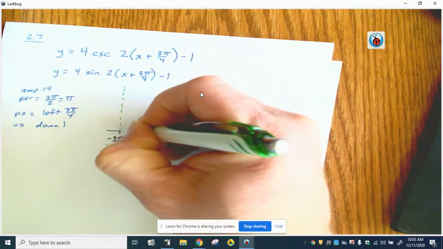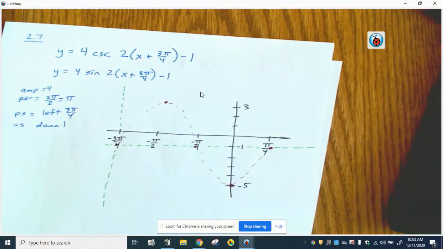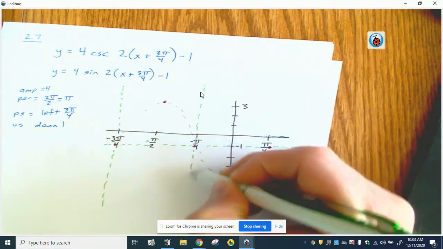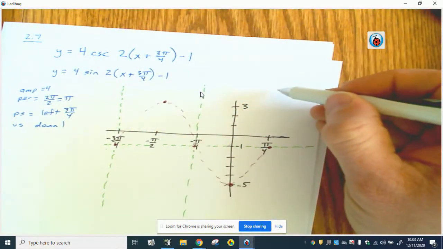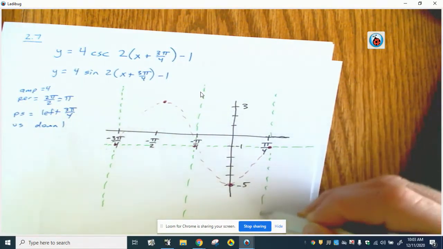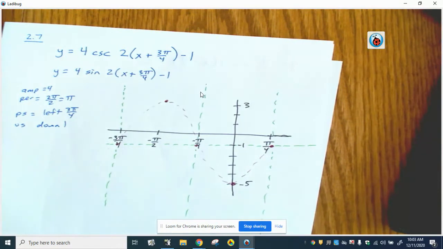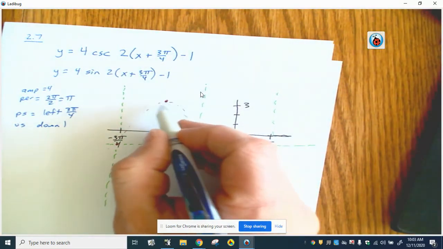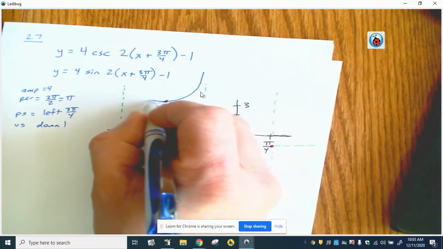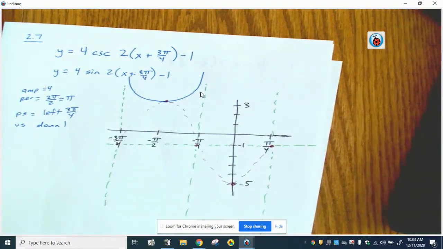So I have an asymptote over here at 3 pi over 4. I have an asymptote at pi over 4. And then I have another asymptote at positive pi over 4. And now I can draw my curve. The tops of the sine curve, that's going to be the bottom of the U shape going up.